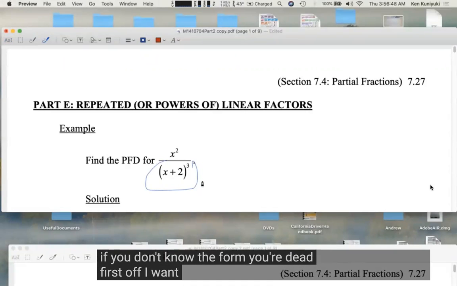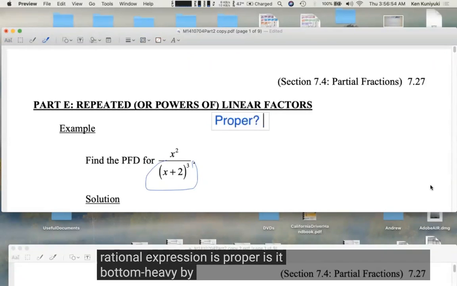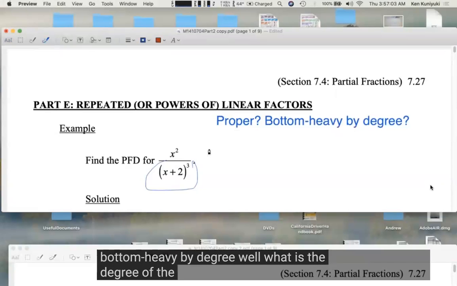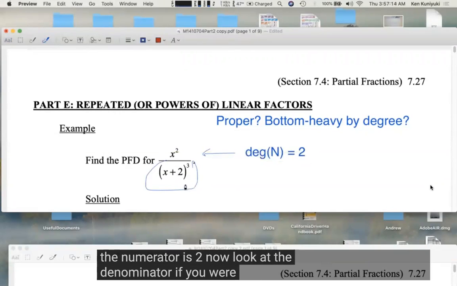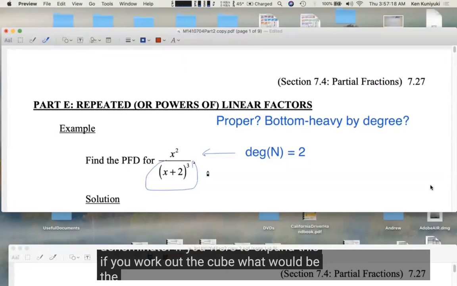First off, I want to know if this rational expression is proper. Is it bottom heavy by degree? Well, what is the degree of the numerator? The degree of the numerator is 2. Now, look at the denominator. If you were to expand this, if you work out the cube, what would be the leading term?